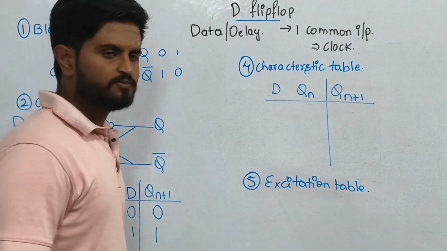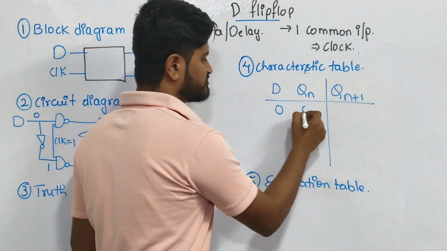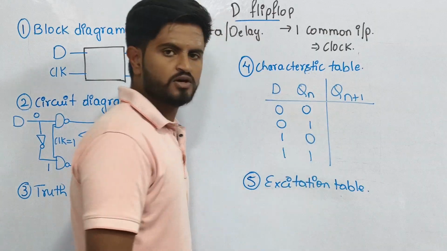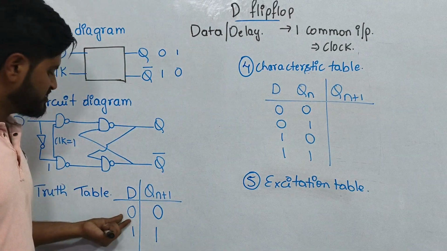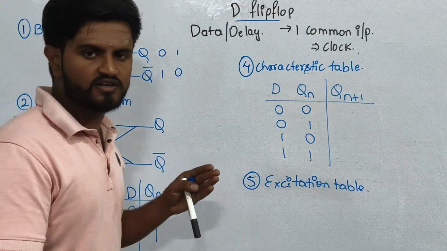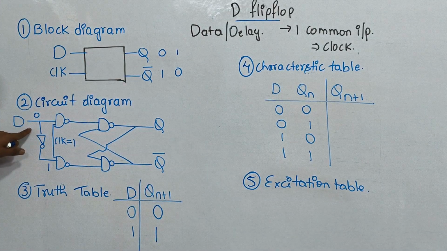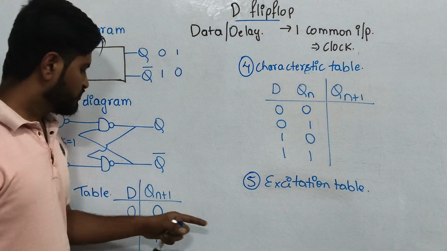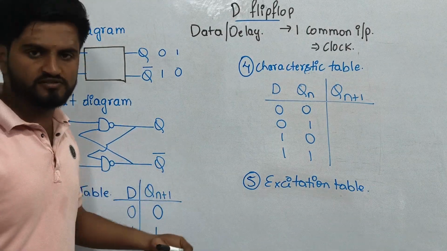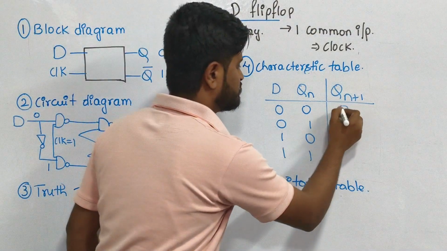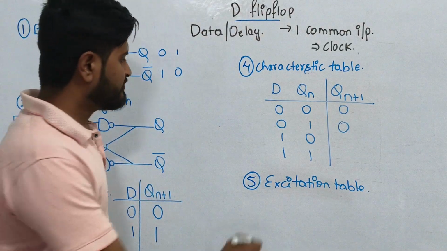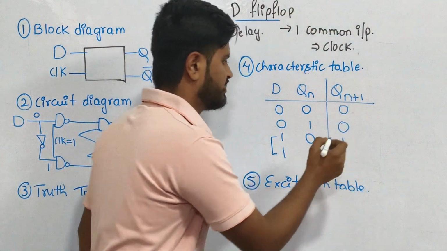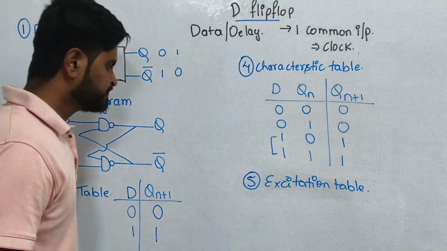Since I am having two inputs, possible combinations are 0 0, 0 1, 1 0 and 1 1. So I said that the output is only dependent on D, as clock value will always be equal to 1. When D value is 0, no input is given, so you just write 0 directly. When D value is equal to 1, the output will be coming. So just write 0, 0, 1, 1, like that.